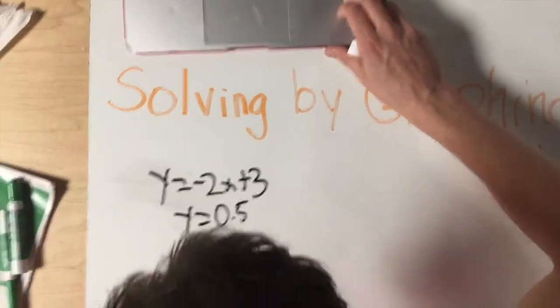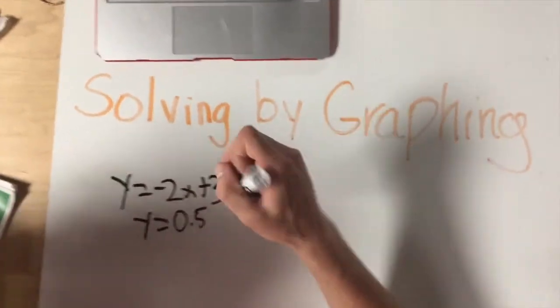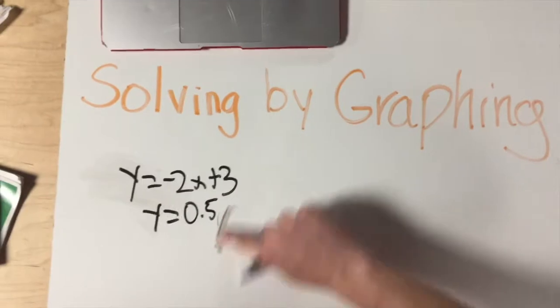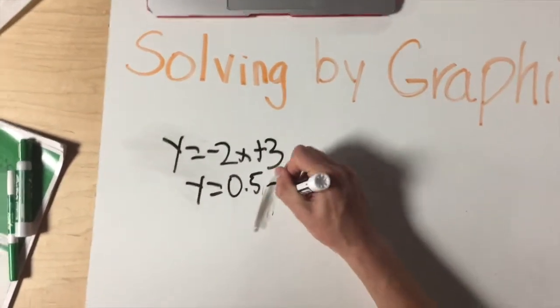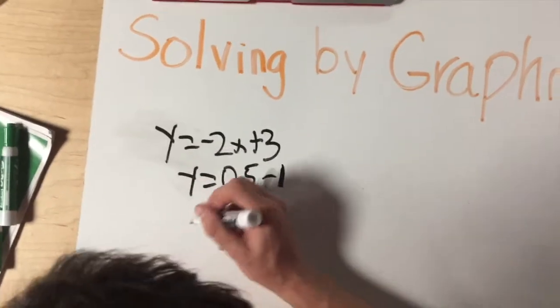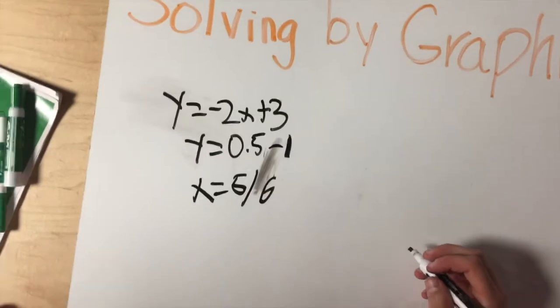Now with the equation you can find that y is 0.5 and minus 1, and x is positive 5 divided by 6.